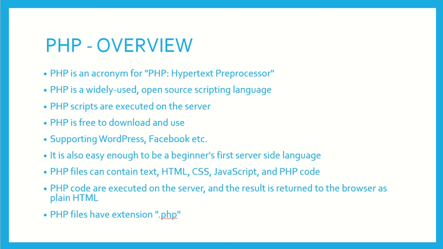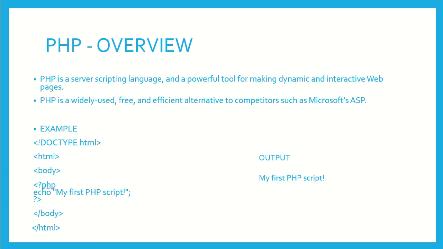And just like any other programming language, you will have to save the source code with a .php extension. So this is a sample PHP script. Here you can see an HTML file, and inside it you have embedded PHP code, just like you do with JavaScript. Inside the body you have PHP code which starts with an angle bracket, and this is the syntax for PHP.